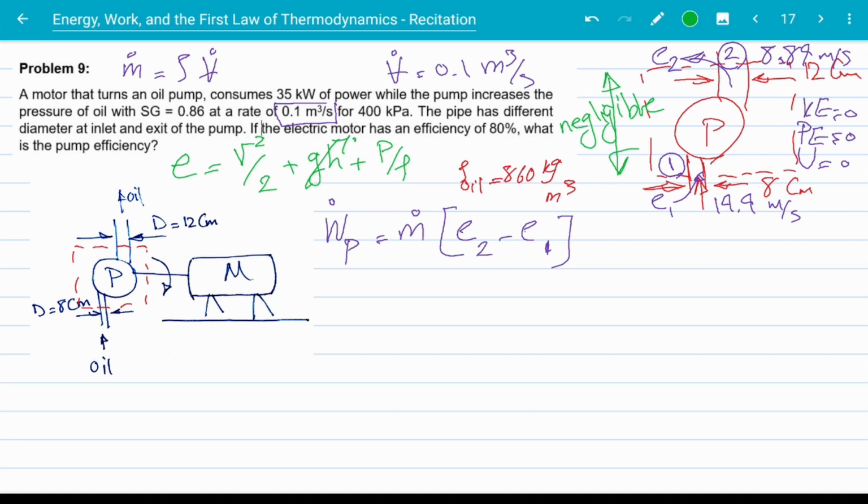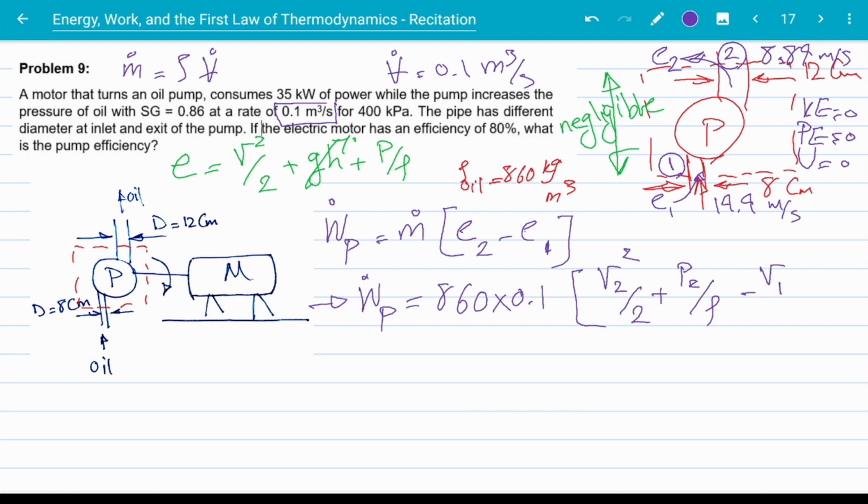So W dot of the pump is m dot, which is 860 times 0.1, times mechanical energy at the exit, velocity 2 squared over 2 plus P2 over rho, minus velocity 1 squared over 2 minus P1 over rho.